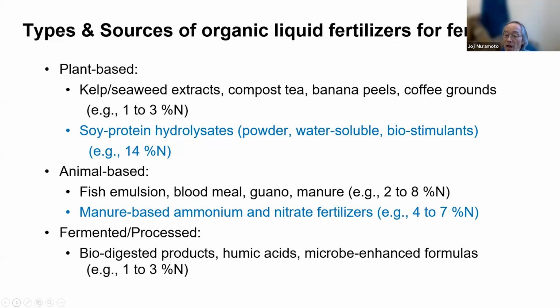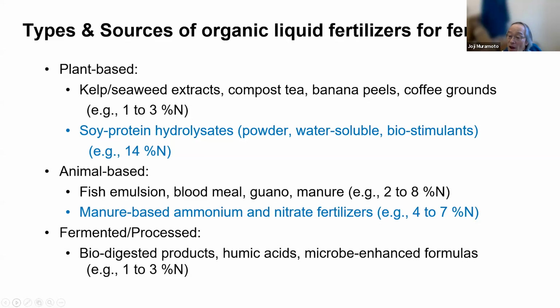And the second type is animal-based. The traditional ones include fish emulsion, blood meal, guano, and manure-based products. Nitrogen content varies from 2 to 8%, just an example. And another new manure-based one is the ammonium and nitrate organic fertilizers. Ammonia is extracted from manure by a biological process, and then part of the ammonia is converted into nitrate.